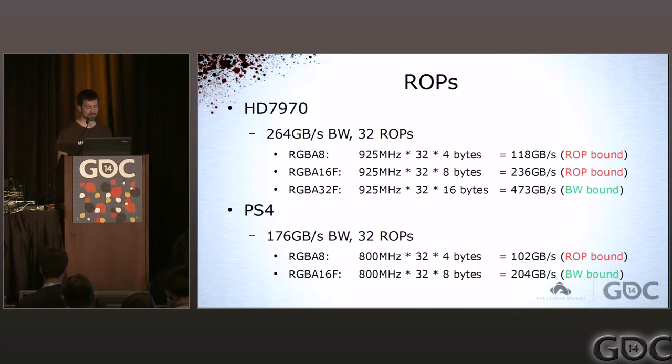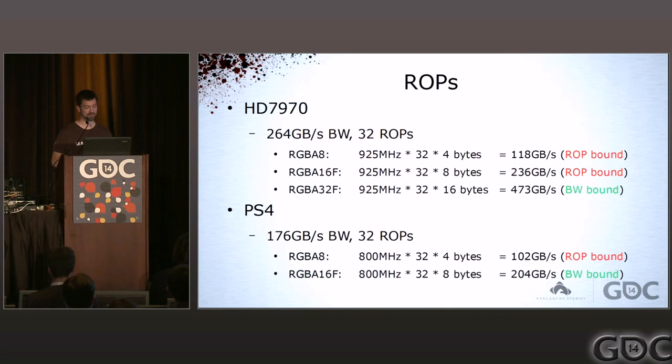One impact of that is it's actually quite hard to utilize all your bandwidth if you're going through the ROPs. If you're filling a buffer with some initial values with a pixel shader and it goes through the ROPs, you can't use all the bandwidth that's available on the chip, simply because you're limited by the ROPs.